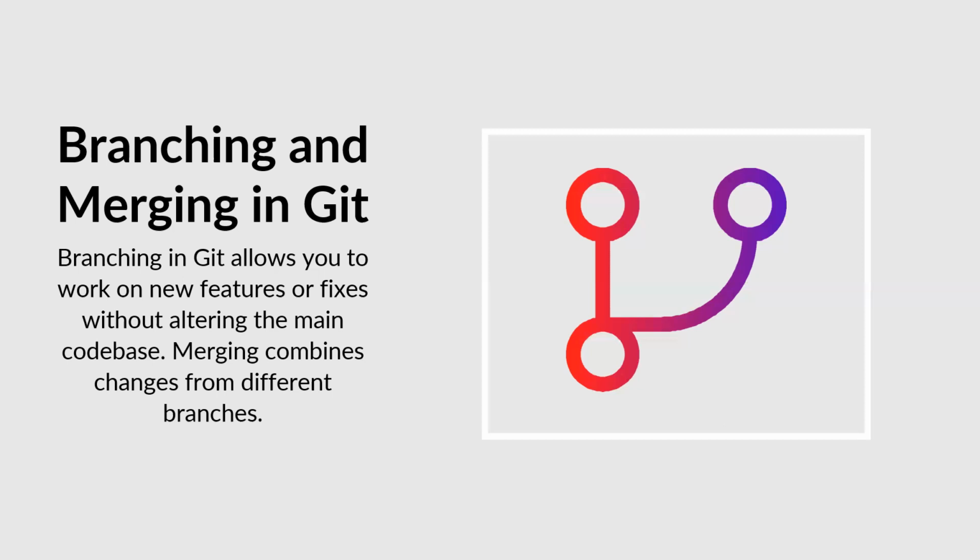So for experiment purposes, to test your feature or fix the bug, you can just pull the code and create a branch. A branch you can understand as a separate copy of the code, and you will be working on that particular separate copy.